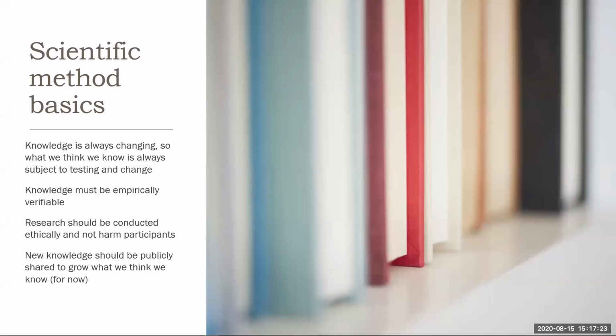All of our research is based generally in the scientific method, more on the quantitative side, the numbers side, than the qualitative side. However, we still try to root everything in a formal process. With the scientific method, we know that knowledge is always changing. So we always have to test what we think we understand. Just because we understand it today does not mean that it is always going to be correct. Knowledge needs to be empirically verifiable.